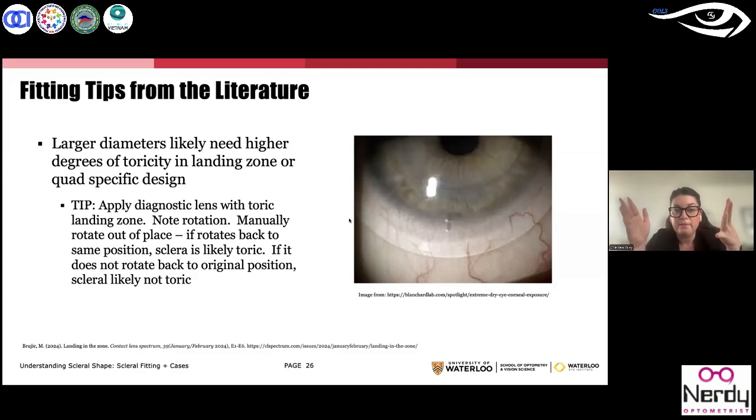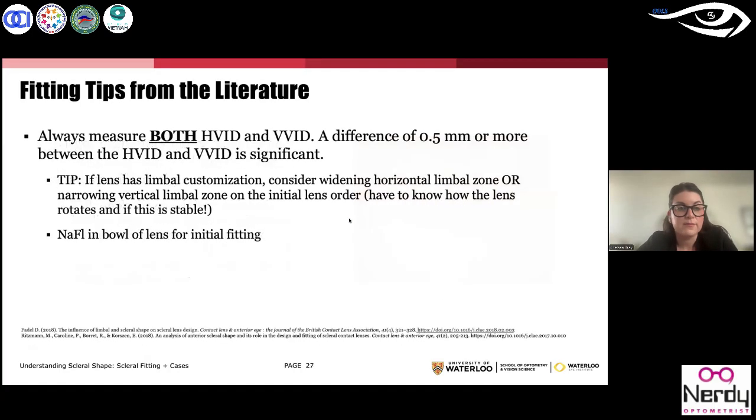Note that rotation, manually rotate it out of place and see if it rotates back to that same position. If so, the sclera is likely toric. If it doesn't rotate back to that original position, the sclera is likely not toric. So this will give you some information, a quick and easy trick.